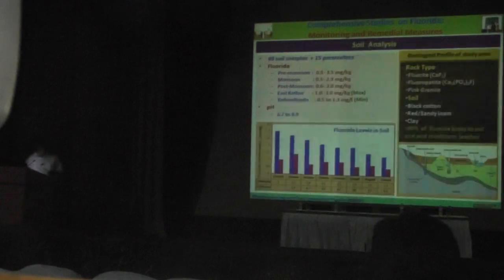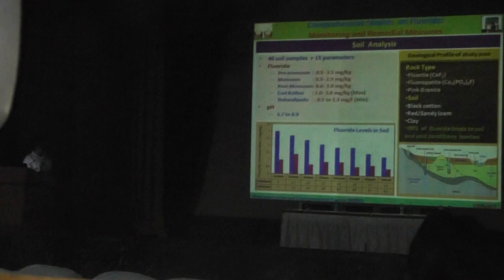And calcium, pH, nitrates, which have direct correlation with fluoride presence, showed relatively positive correlation. The geologic profile of that area is fluorapatite and green granite. The soil is black cotton, and all the soil samples which we collected showed the presence of fluoride. But the pH is 6.7 to 8.9, which does not leach.